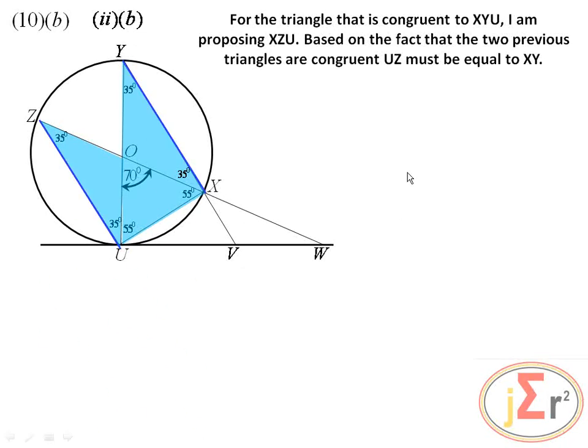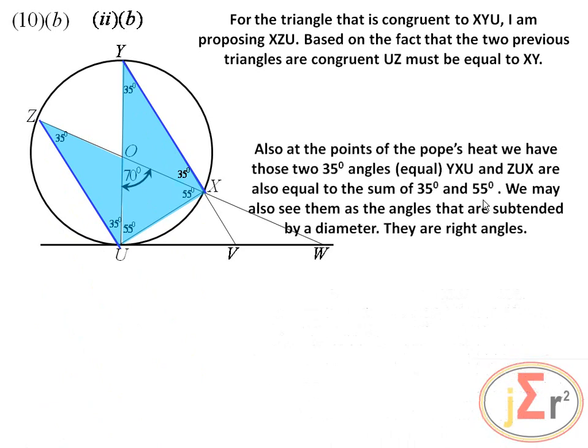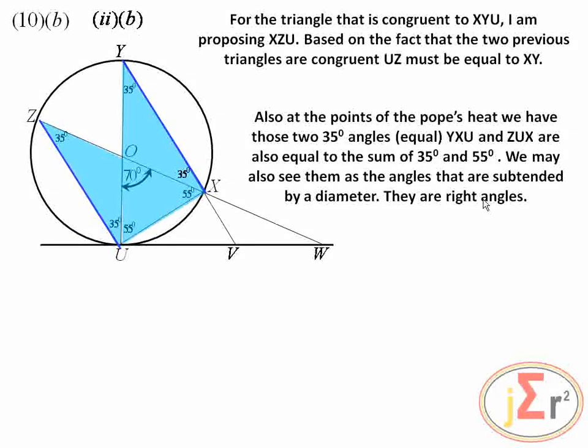So those two sides are equal, and they are corresponding sides of the two triangles. All we need to do now is to get two pairs of equal angles. Also, at the points of the Pope's hat, we have those two 35 degrees angles.